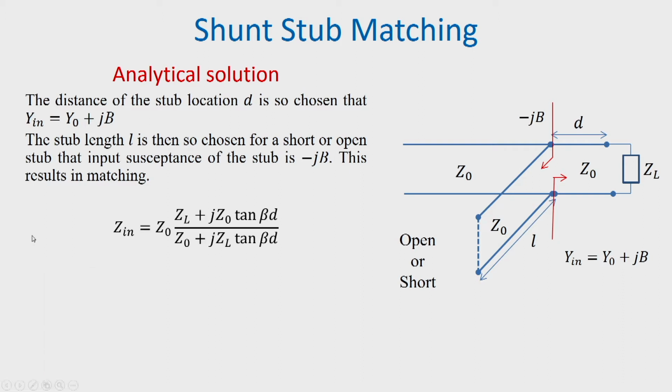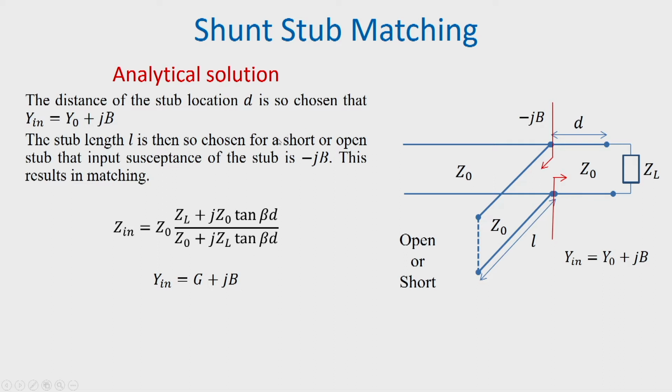So, we know that Zin is given by Z0 times ZL plus jZ0 tan βd divided by Z0 plus jZL tan βd, and with this we develop the analytical solution. So, we can write Yin equal to 1 by Zin, which will be G plus jB.